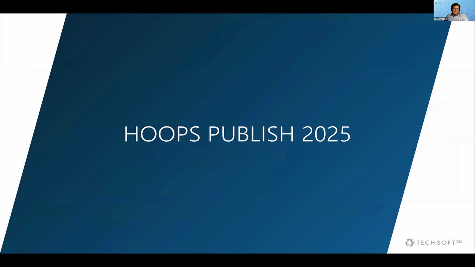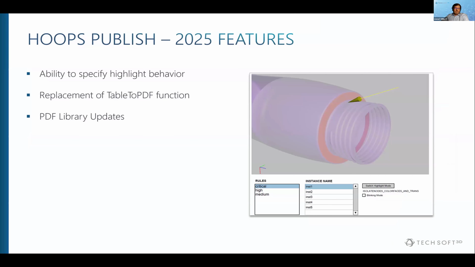And so our plans for this year. Similarly, we will have a focus on model fidelity, but we also want to expand some capabilities. Here it's about highlight behavior, for a better user experience also, I would say.